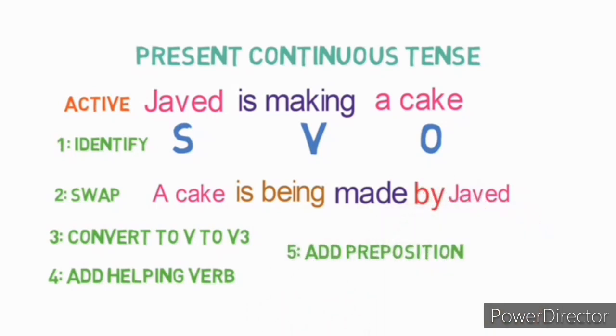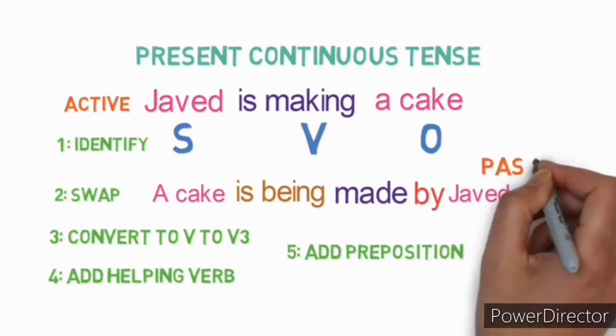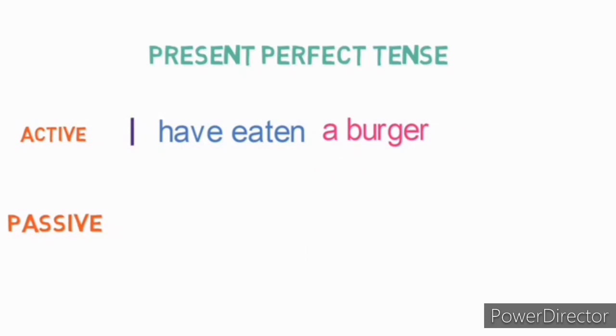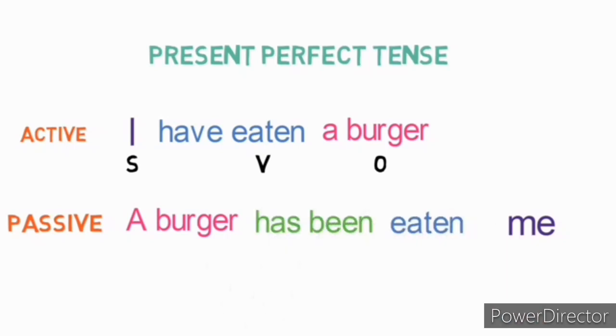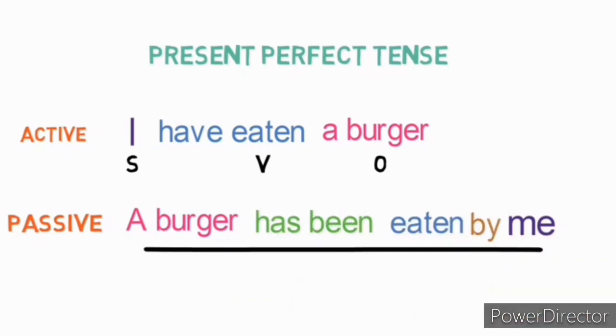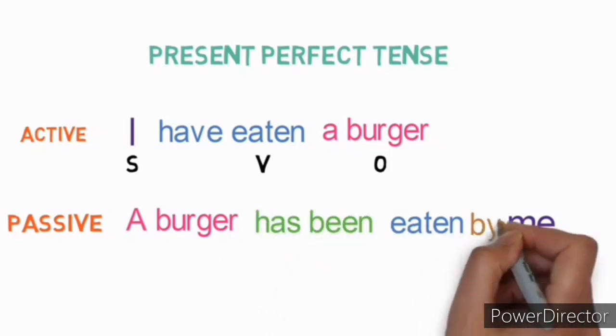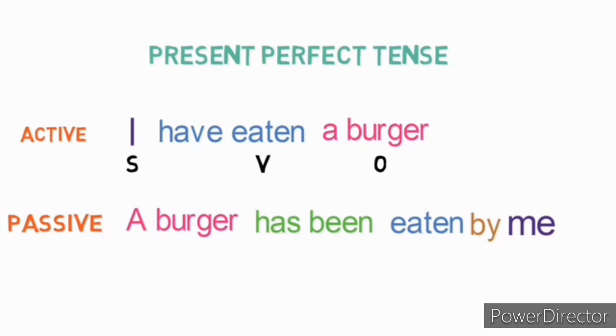Now the cake is being made by Javed, right? Next example on perfect tenses. I have eaten a burger. Remember, have, has, had should be converted to been plus V3, right? So here a burger has been eaten by me.